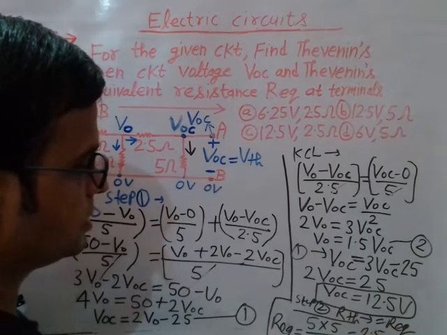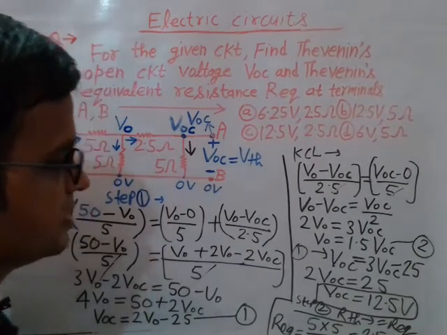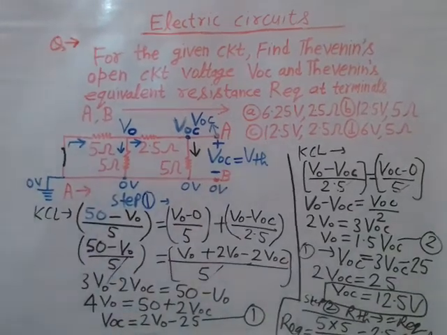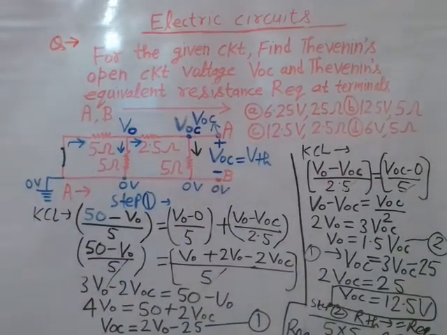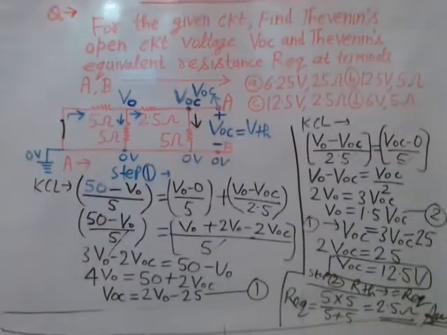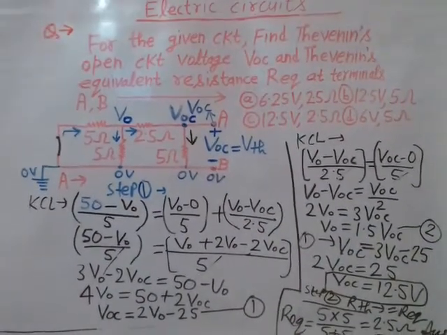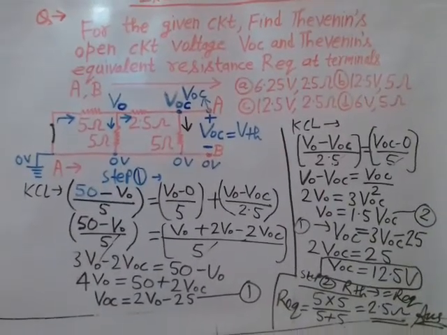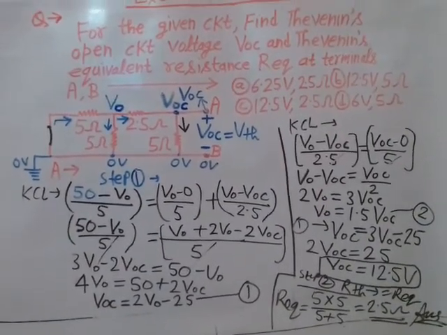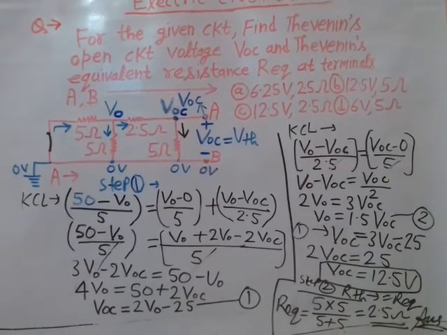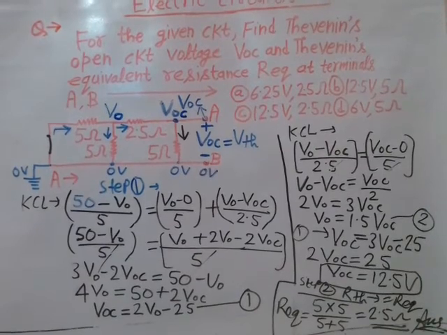So this is the Thevenin's resistance, or you can say R equivalent. You understand? So this is the calculation of R equivalent, which is nothing but Thevenin's resistance RTH, right?